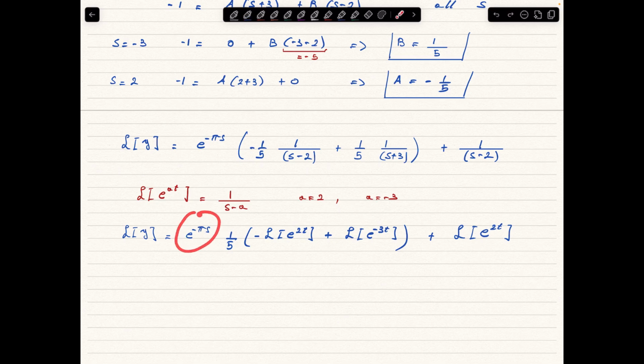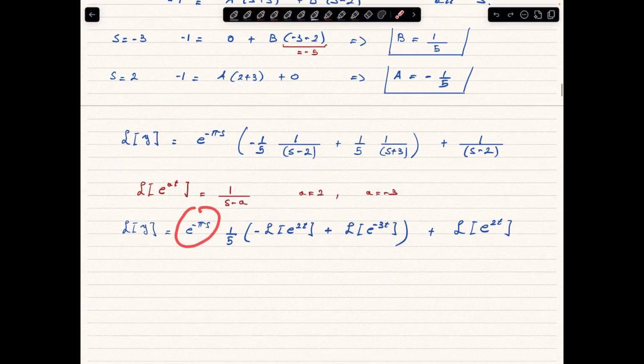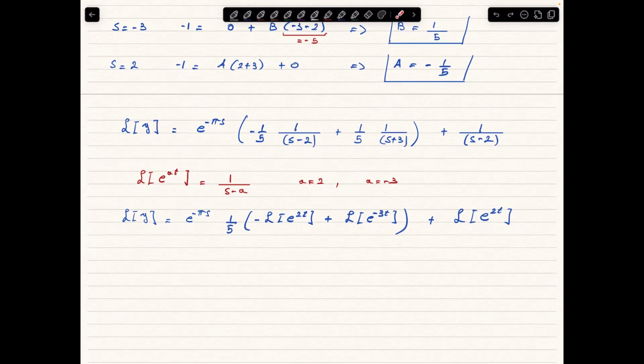Well, first of all, we are going to distribute that, and then remember that whenever we have an exponential of negative cs, where c is pi in this case, times the Laplace transform of something we know, like it happened here and here, this is the Laplace transform of the step function at t minus c and the function shifted.